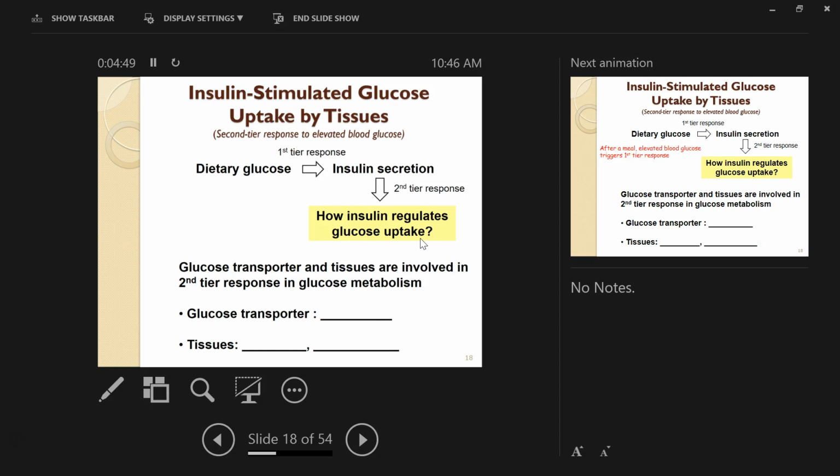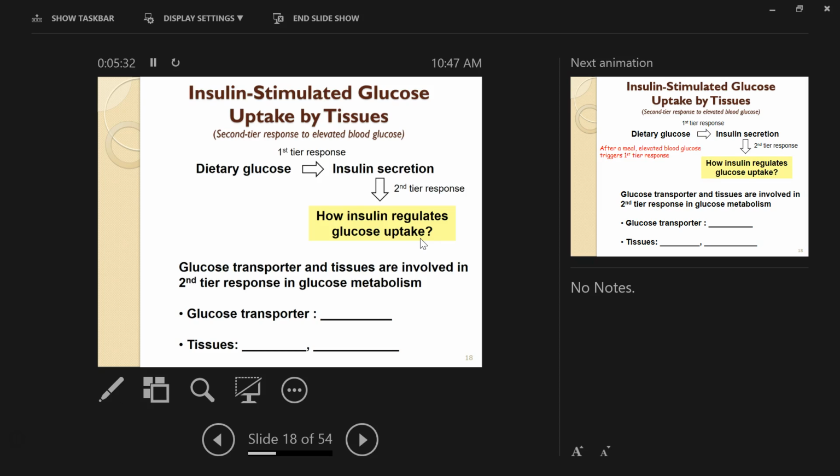GLUT4, which transports glucose in response to insulin, from the blood into the tissues. These two tissues are particularly important because they respond to insulin and transport a lot of glucose, particularly muscle, because we have a large mass of muscle. So muscle plays a more important role in reducing the blood glucose level, taking up a lot of glucose into muscle and also adipose tissue.